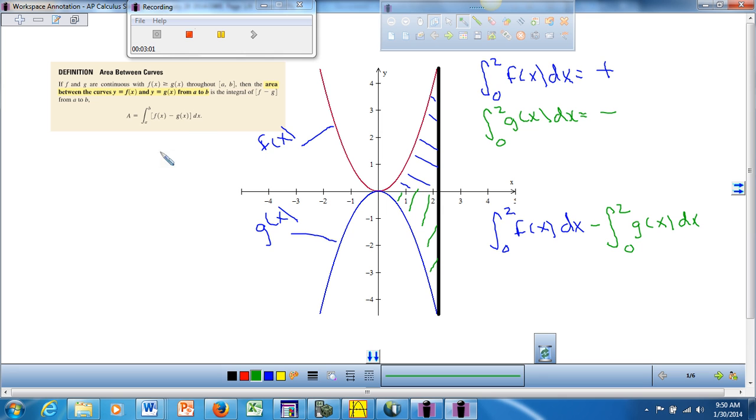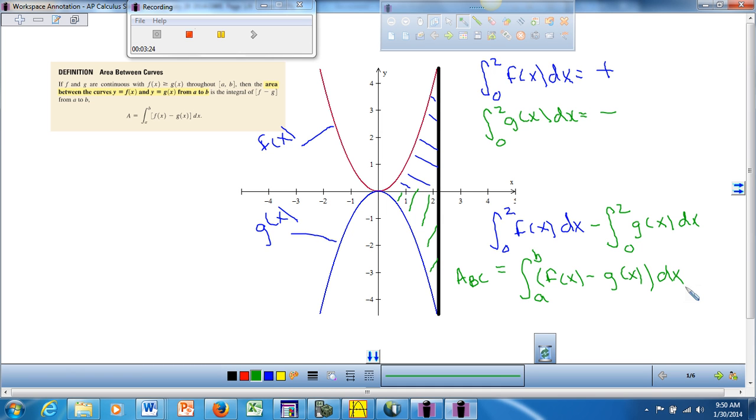And simplified, we get this little area. The other class dubbed it ABC, area between curves, to be the integral from a to b of f of x minus g of x dx.